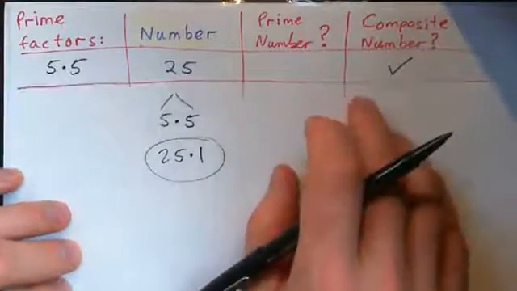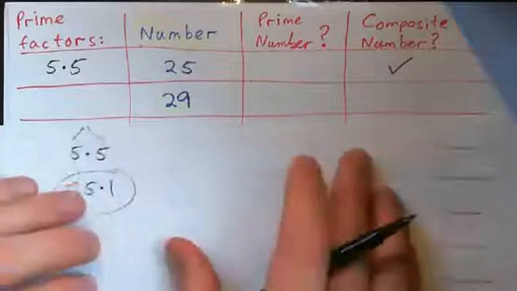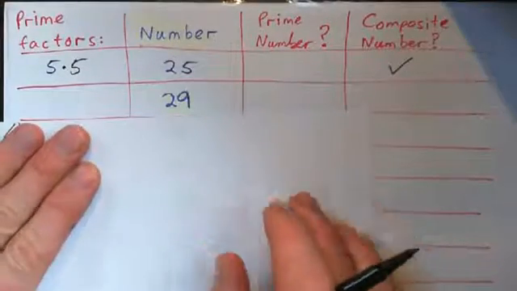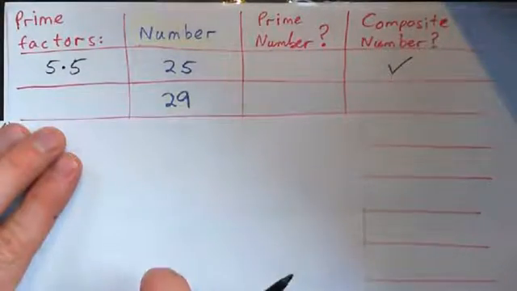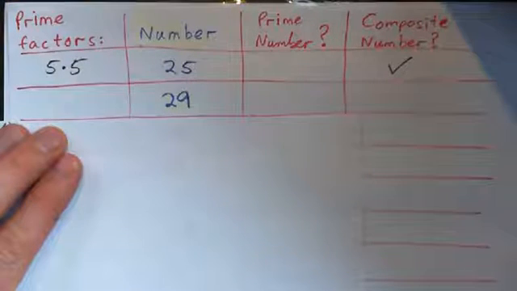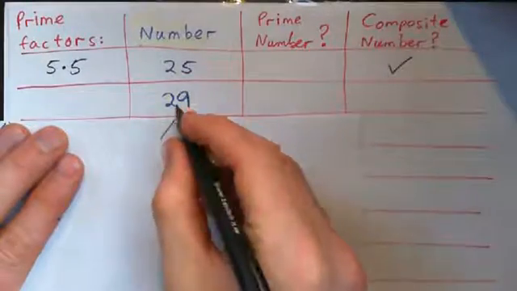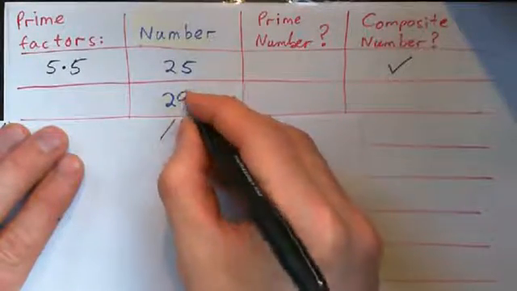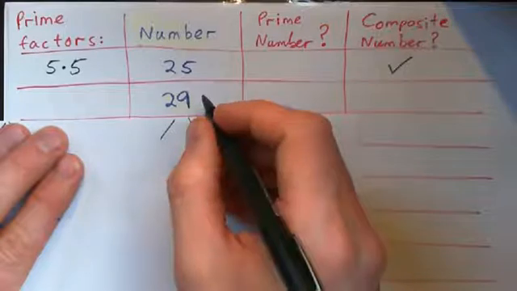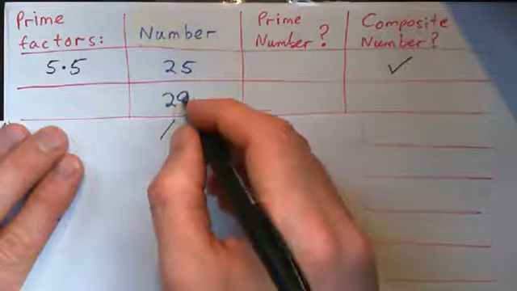Okay. So let's look at 29. How can we break 29 down? What goes into 29? Well, 2 won't go in because this is an odd number at the end here, isn't it? 3 doesn't go in.